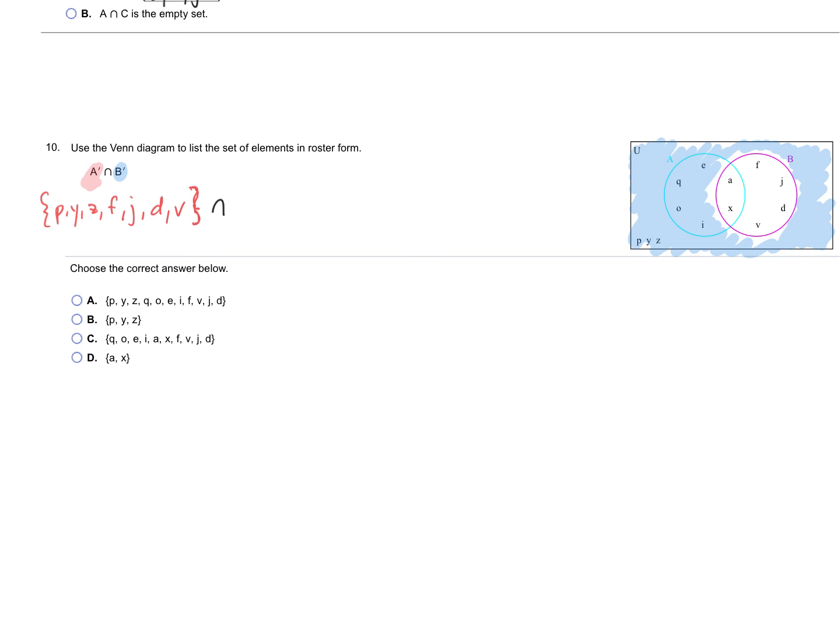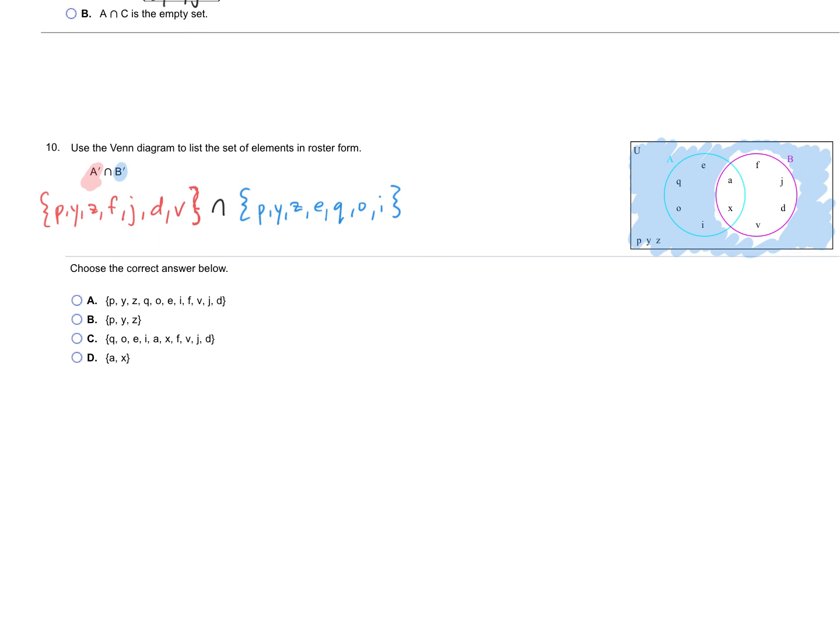Okay, so you can see it's all of those things, right? It's everything in the set A and the universe. So I'm going to list those elements. P, Y, Z, E, Q, O, and I. All right. Now, I figured out what's in A complement. I've figured out what's in B complement.